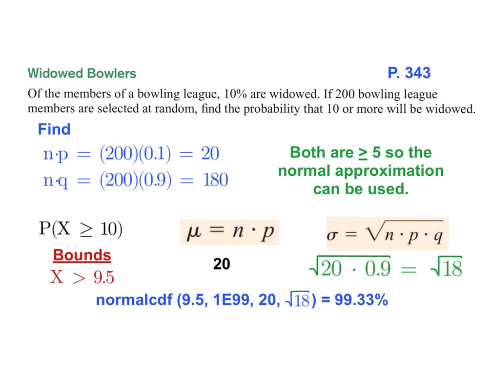That's why it's so high: because 10 is low. Now, if we had asked what's the probability that 25 or more or 30 or more were widowed, we'd expect the probability to be a little smaller. Does that make sense contextually? Okay, there you go.